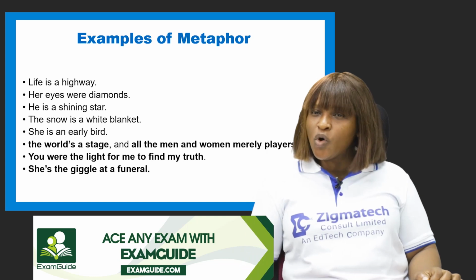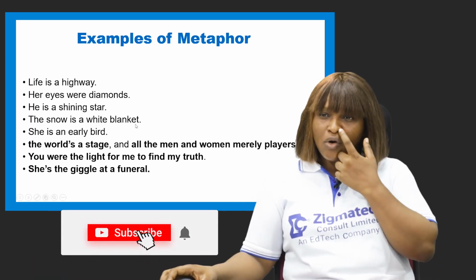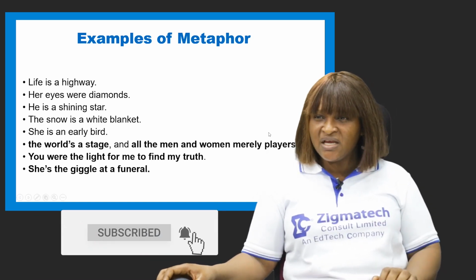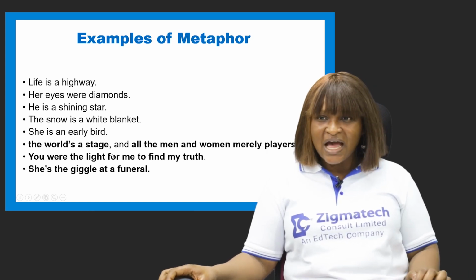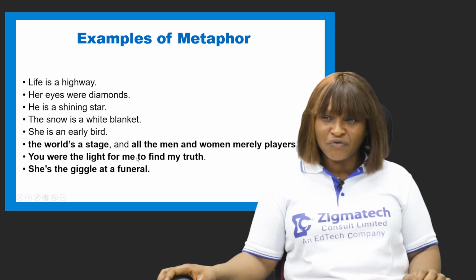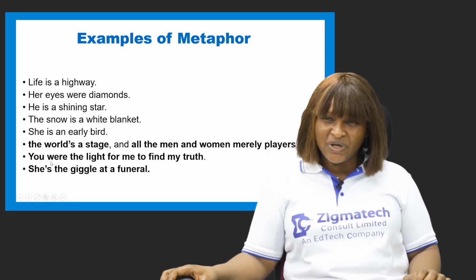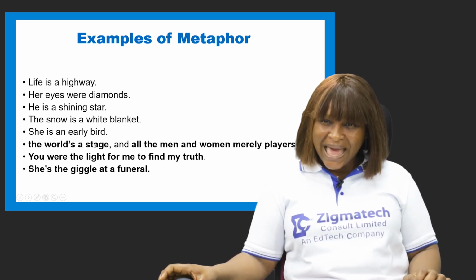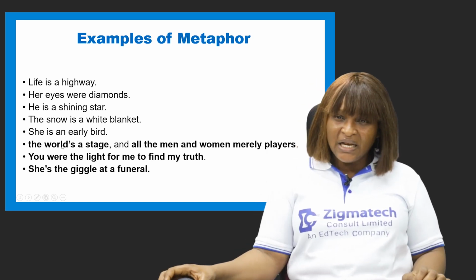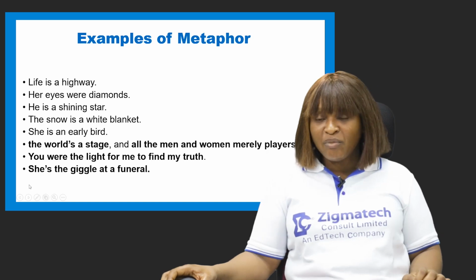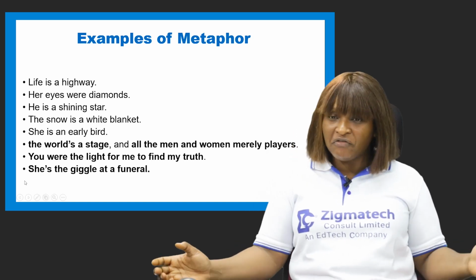Now, this one says the world is a stage, and all the men and women merely players. You were the light for me to find the truth. Here, the person is not seen as light, but rather is seen to be the light. Some people say, my big brother is the light of the family.